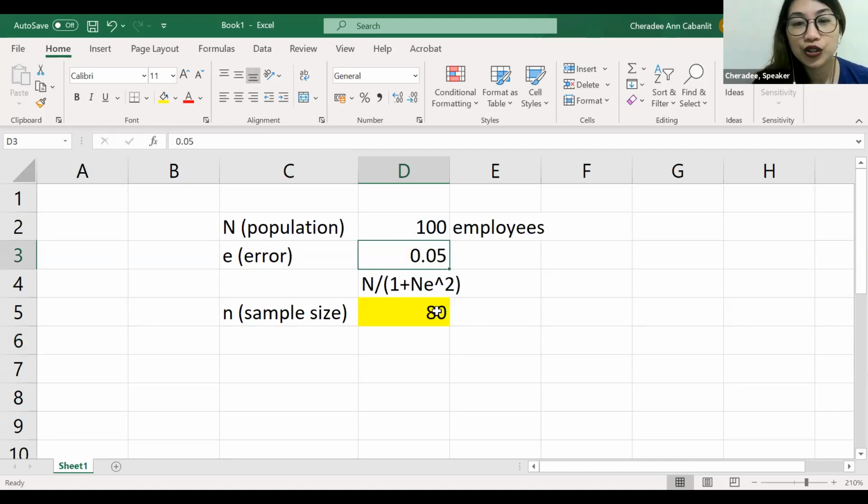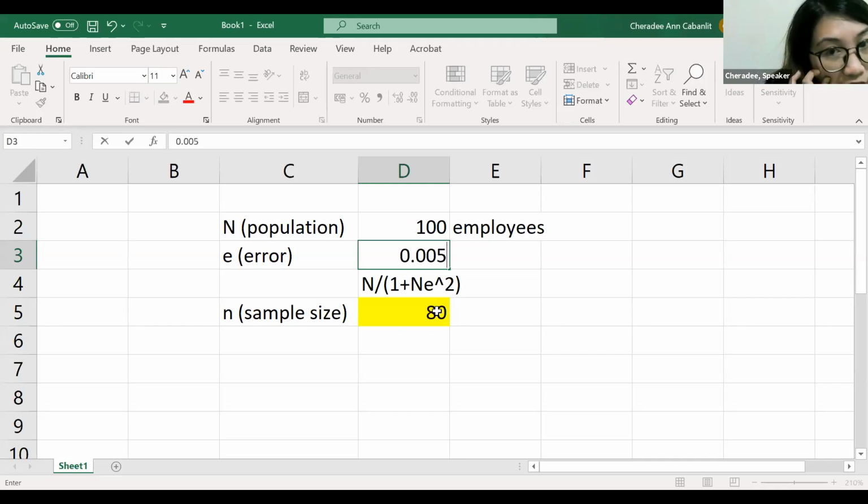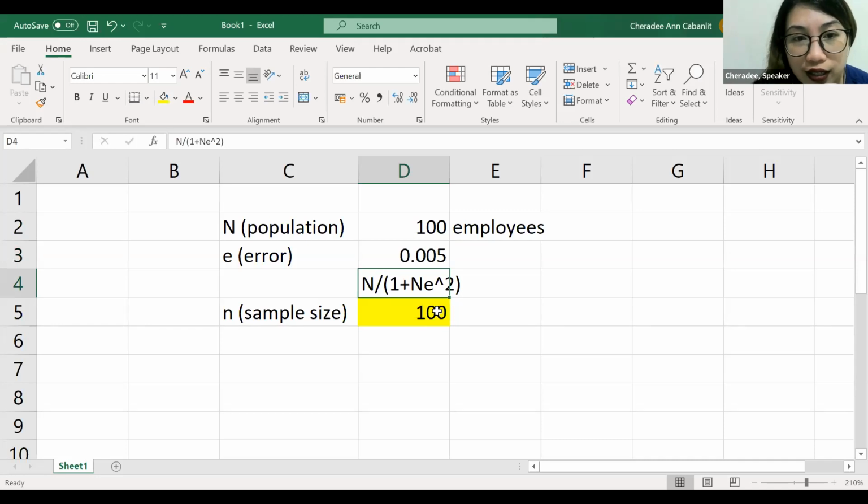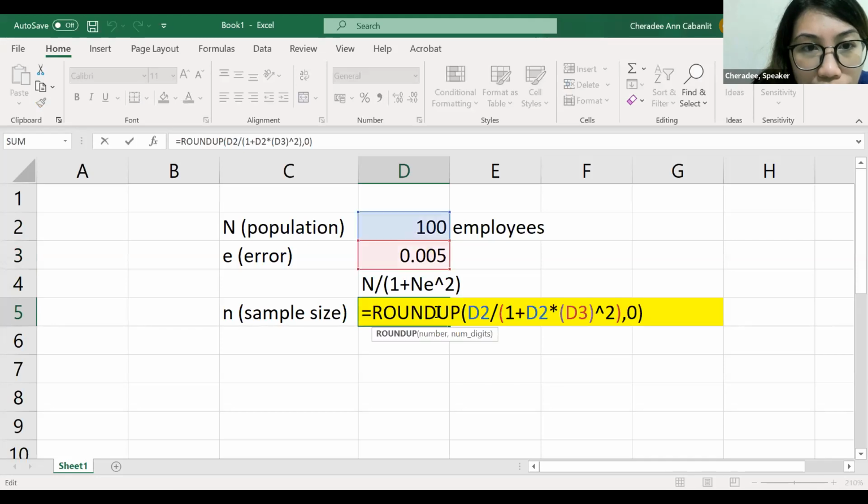So maybe you will have to adjust the error. As you lessen the error, your sample size also lessens because you are less strict.